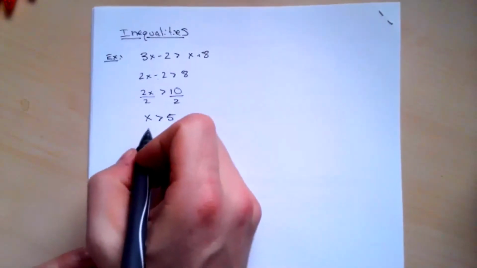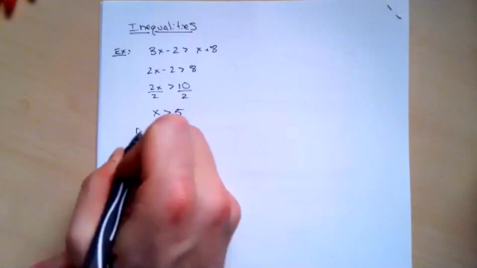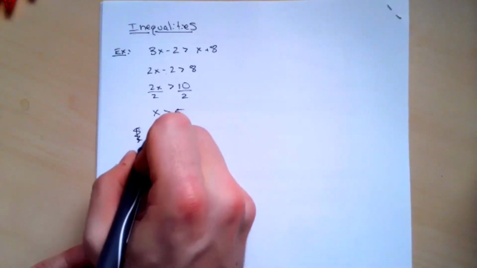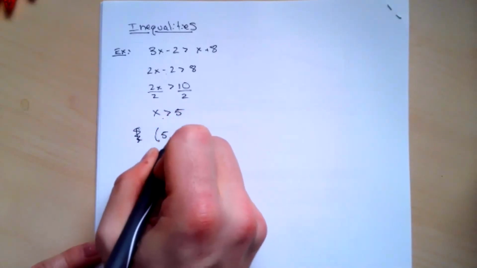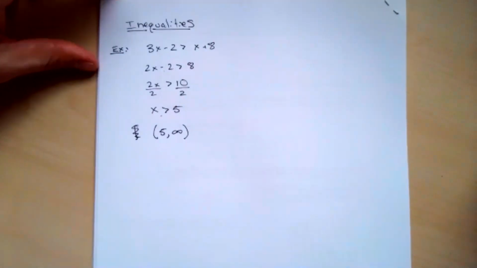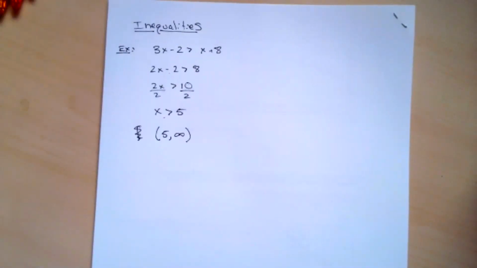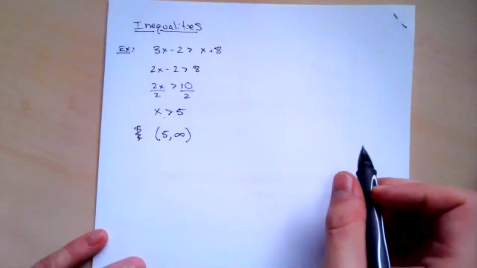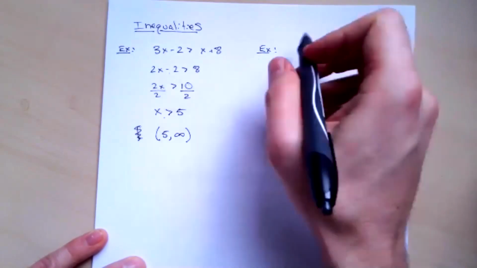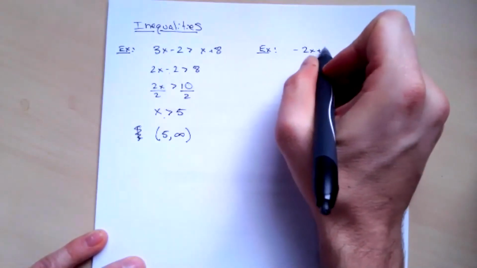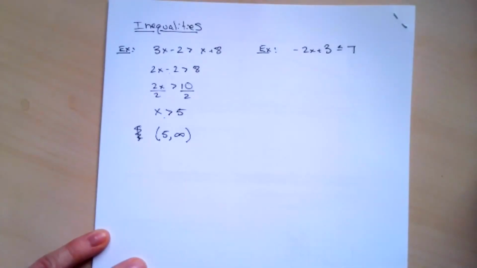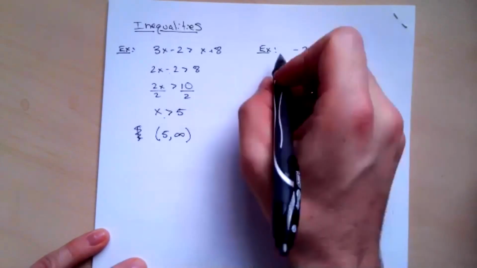So for our solution, most of the solutions you're going to want to write in either interval or set notation. And since it's a greater than, we want a round bracket, 5 to infinity. When we do have a negative sign, so for example, if we have minus 2x plus 3 is less than or equal to 7, same problem solving techniques.